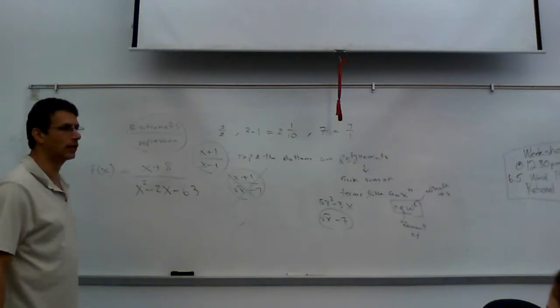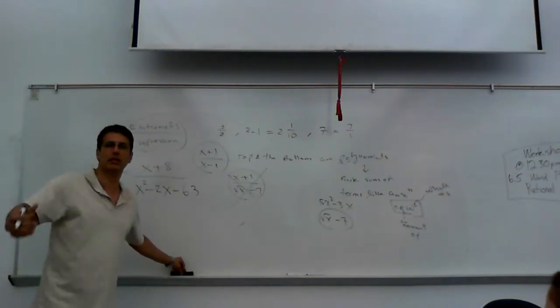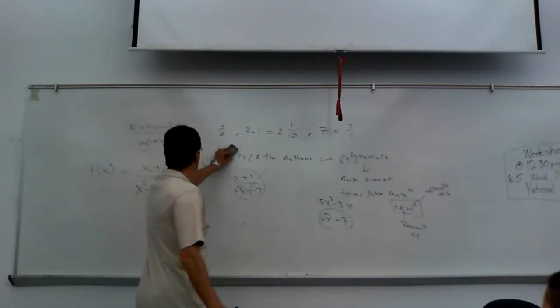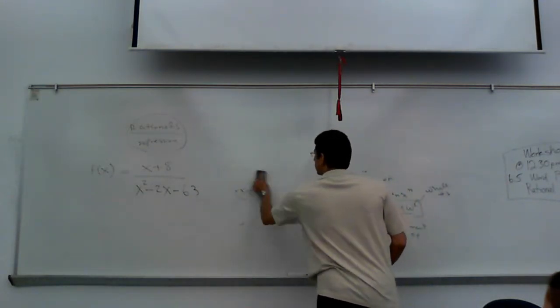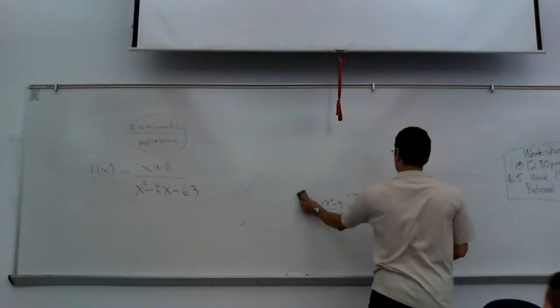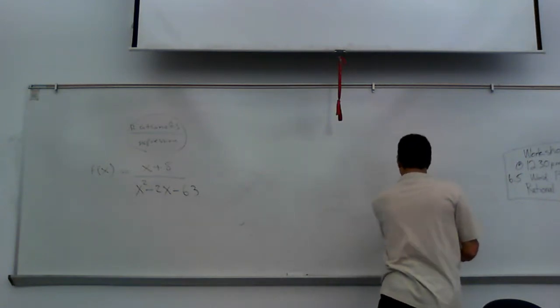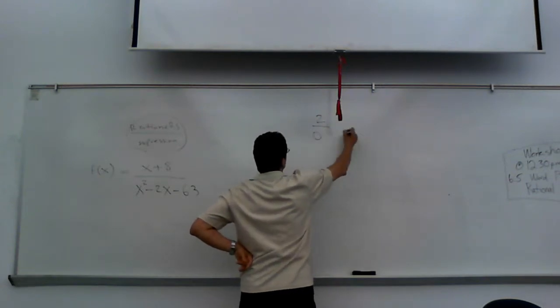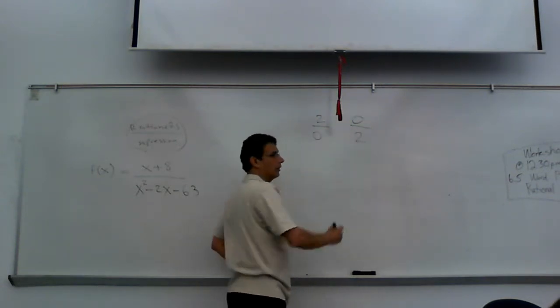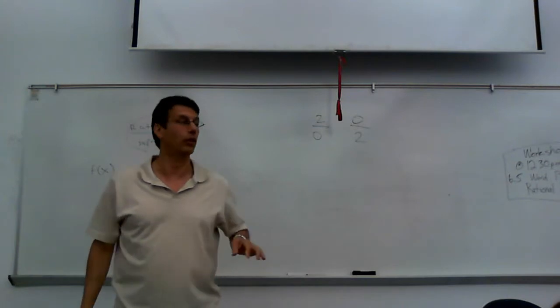To understand the question, I want to go to a very basic idea regarding fractions. So let us look at the following fractions. Let's look at the first one, let's look at the second one.